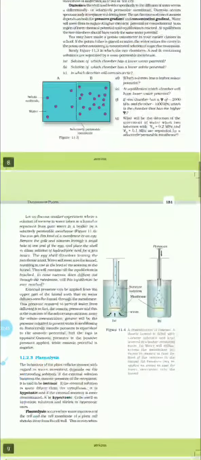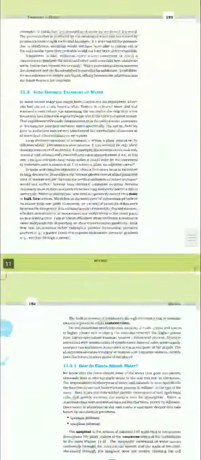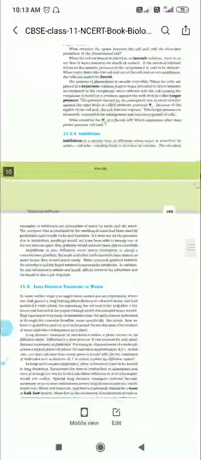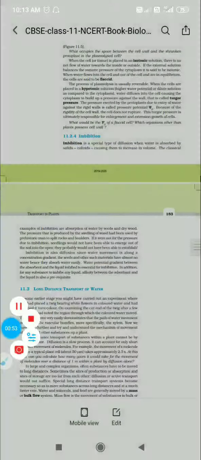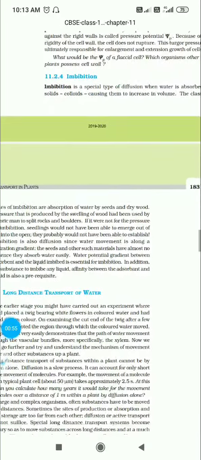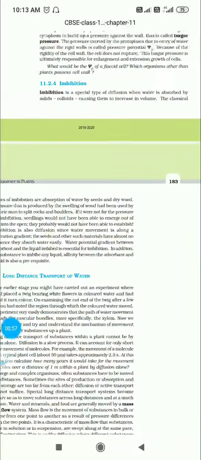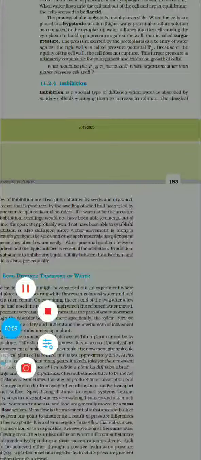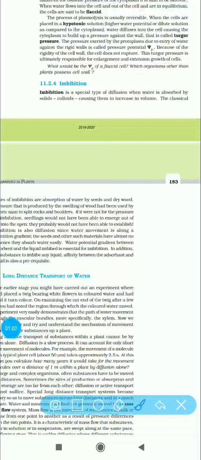Yeah, so we'll start with the topic of the imbibition. Imbibition is as such very easy, but they have asked questions from it, and it is very easy to understand. I'll just give a simple example.